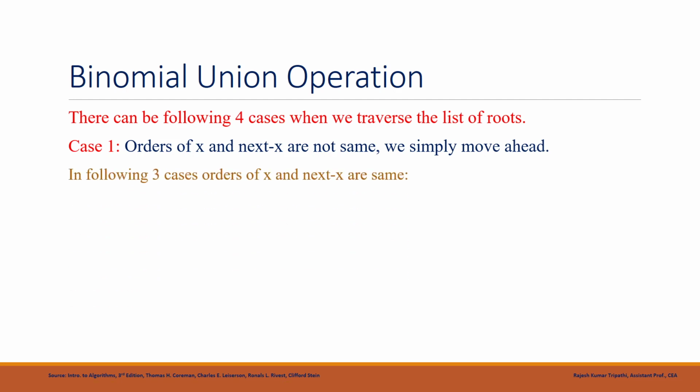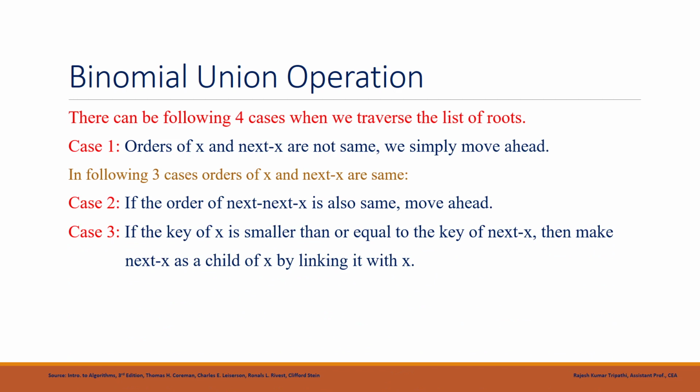In case of 2, if the order of x and next x are the same and also the order of next to next x is also the same, then again our pointers will move in the forward direction.